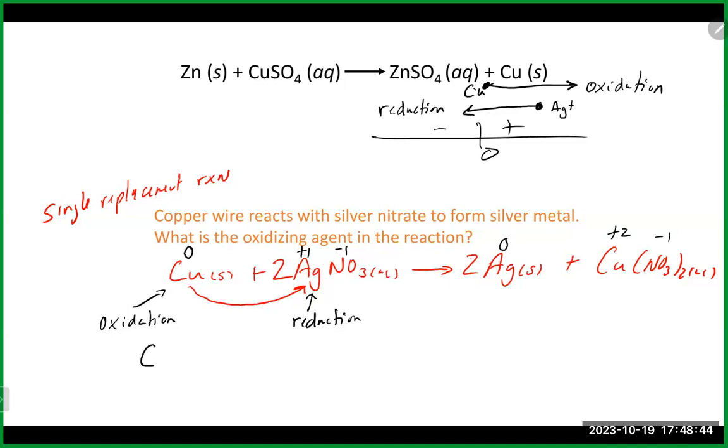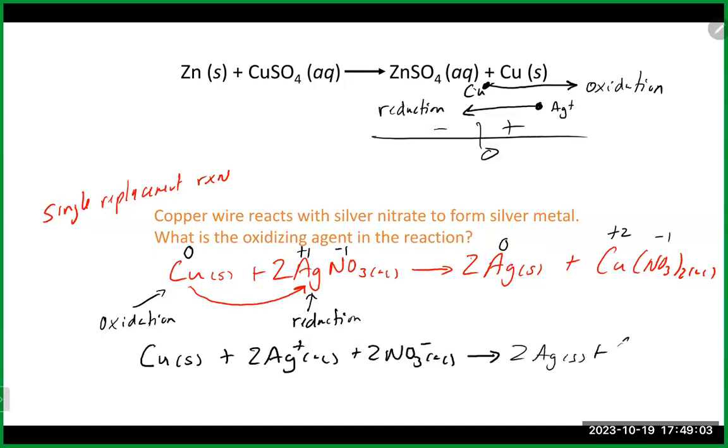You could actually write a total ionic equation like we did with double displacement reactions here. Take the copper plus the 2 silver ions here, plus the 2 nitrates, goes to 2 of our silver here, and a copper with a +2, and 2 of the nitrates here.